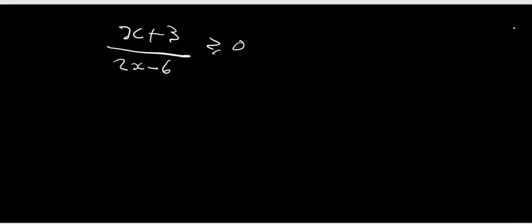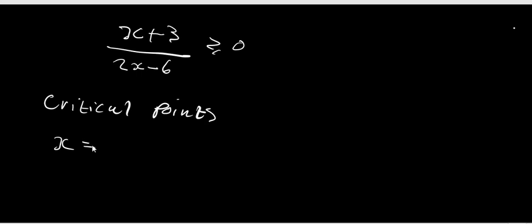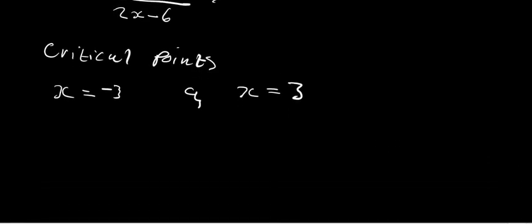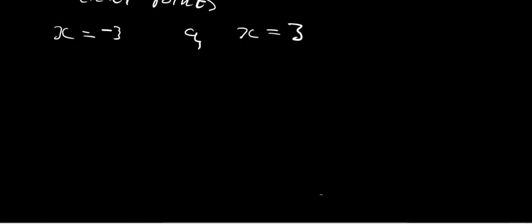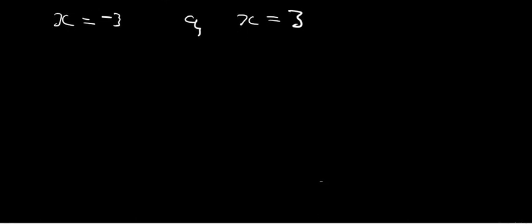After that, we are now going to look for the critical points. You're going to find that x is equal to -3, and also x is equal to 3. Those are the two critical points. The first point is coming from the numerator and the other one is coming from the denominator.